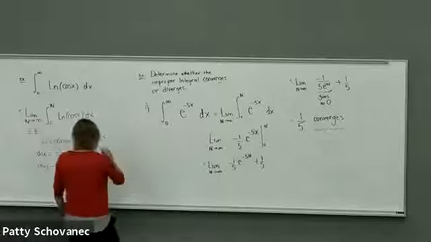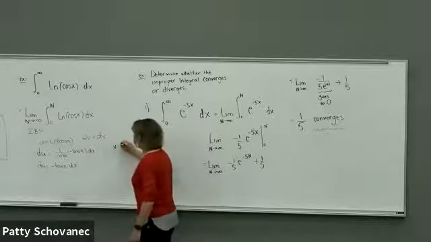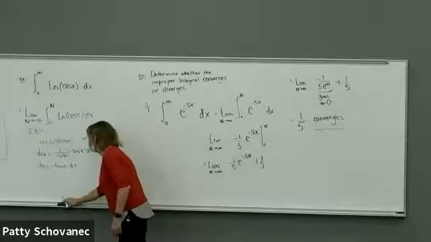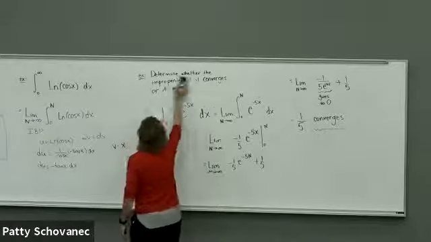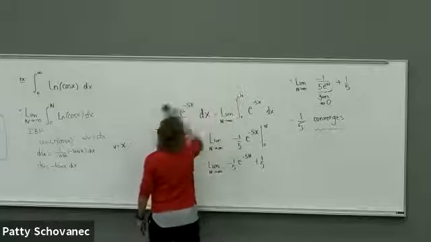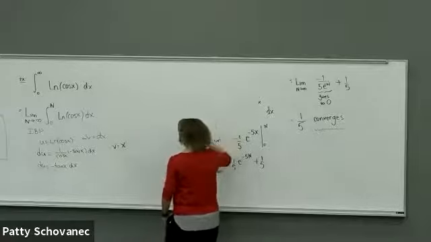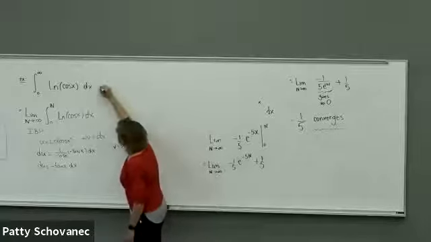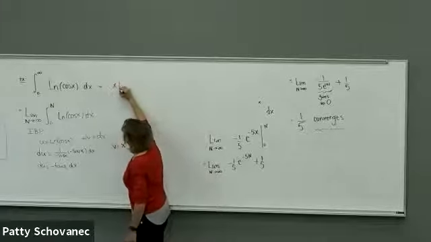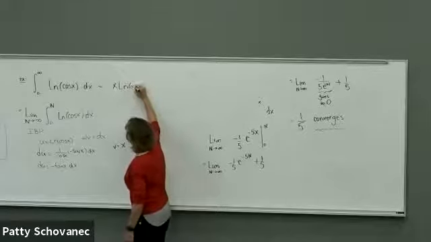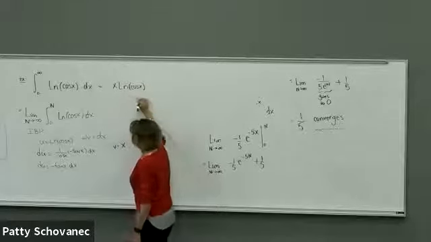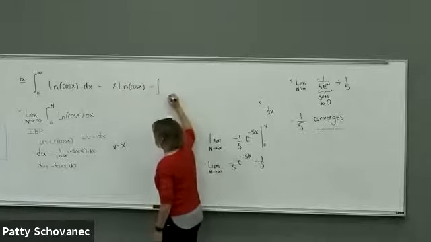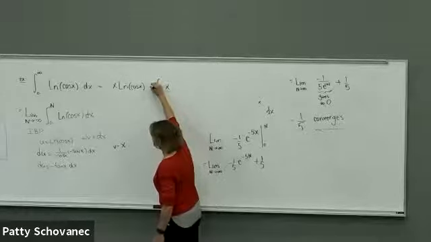And v is x. Okay, so we've got uv minus the integral of v du. uv is going to be x times the natural log of cosine of x, minus the integral of v du. I'm going to change this to a plus because my du has a negative.